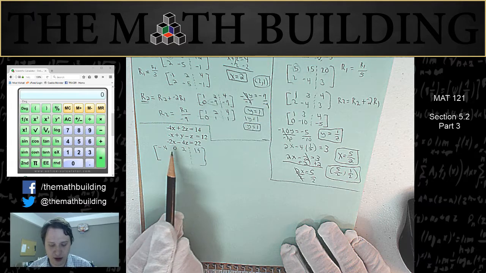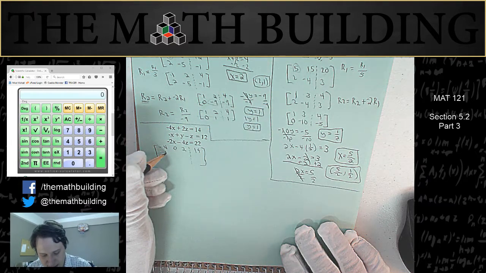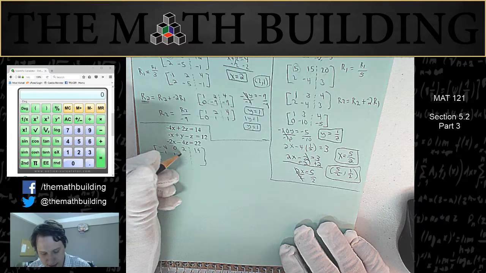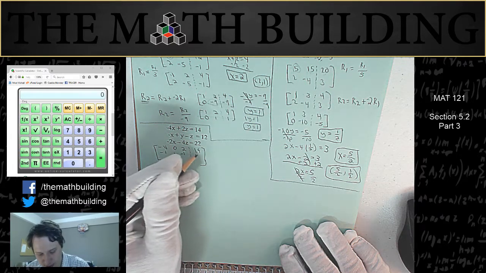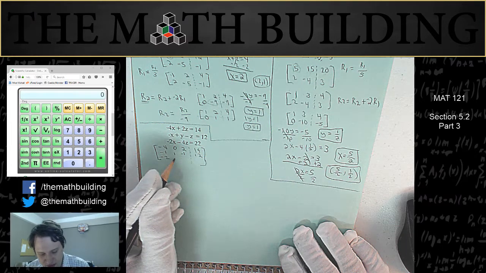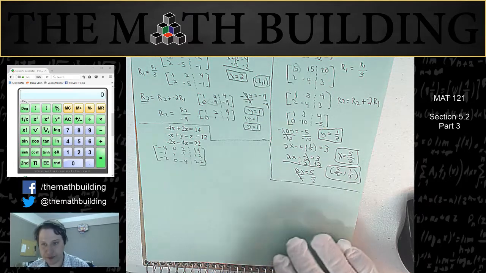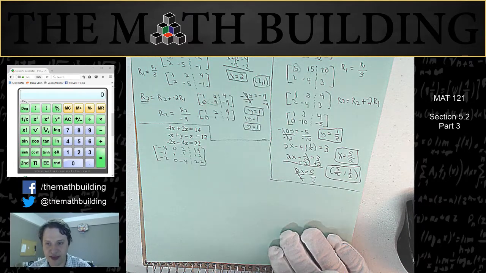X is the first column, Y is the second column, Z is the third column. The next line would be -1, 1, -1, 12. And the next row would be -2, 0 again, -4, 22. So there you go. That's the way to do it.